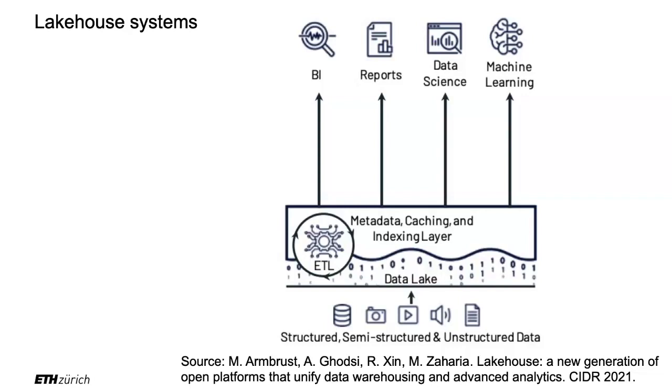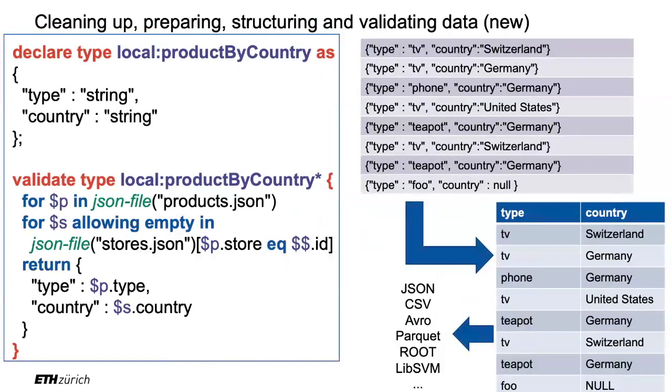And in fact, JSONiq works with that kind of environment. For example, the cleanup can be done with a schema. You can have a data set that is not clean. Then you can define a schema in JSON. That's what you see on the top. And then you can validate. There's a validate expression that is going to validate that it fits the schema. And RumbleDB will automatically then promote that to a data frame.